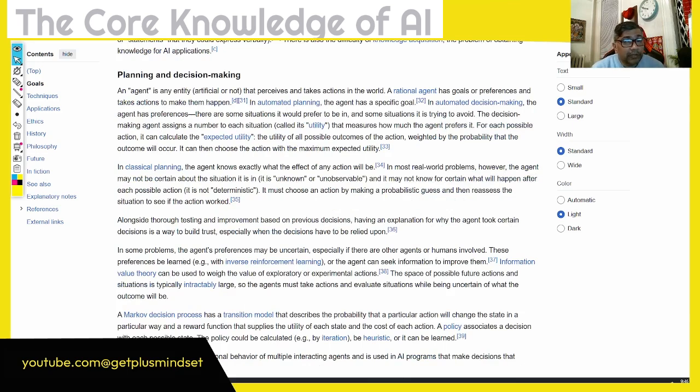Let us put it in this way. Once upon a time, when there was no AI and no computer, mathematicians were hired to solve operations-related problems, decision making, or solving a problem for a bank, industry, military operation, etc. So the big mathematicians used various types of techniques and algorithms to solve problems in terms of decision making, in terms of finding out the encrypted text into the real information.